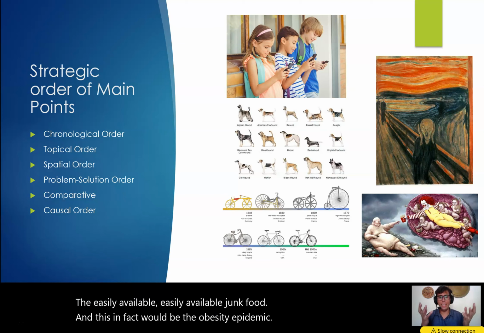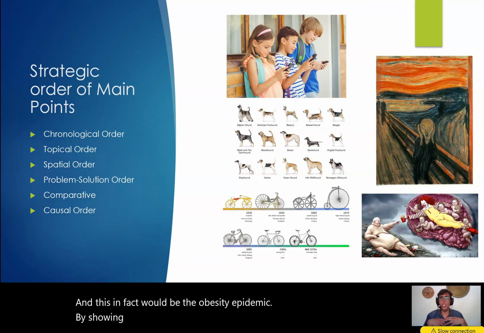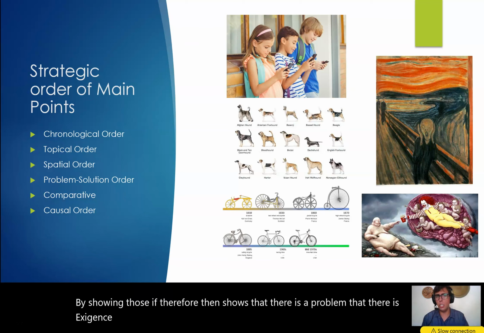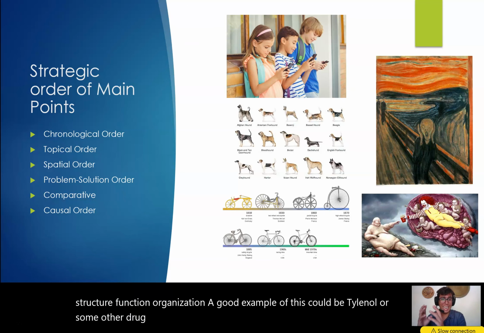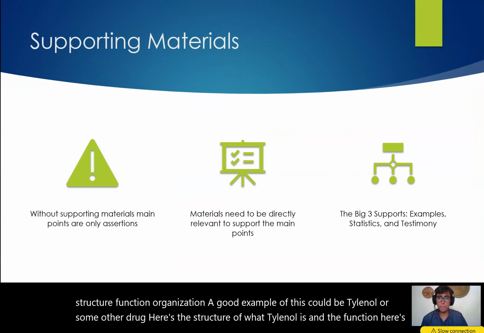By showing those, it shows that there is a problem, that there is exigence, but it doesn't actually provide a solution. There is one more called the structure function organization. A good example of this could be Tylenol or some other drug. Here's the structure of what Tylenol is, and the function, here's how it actually works.